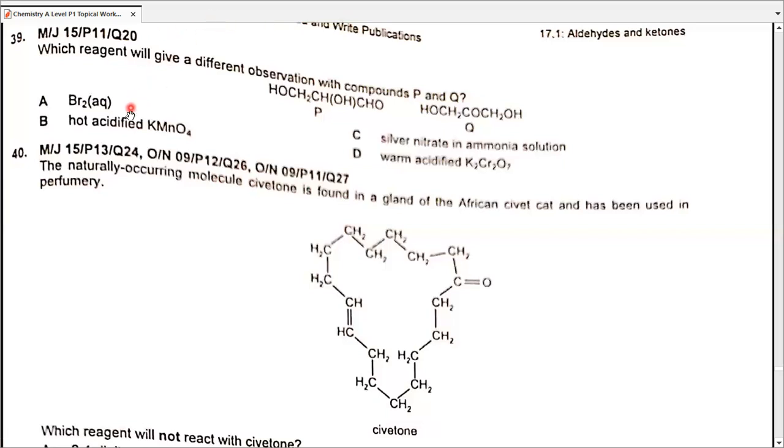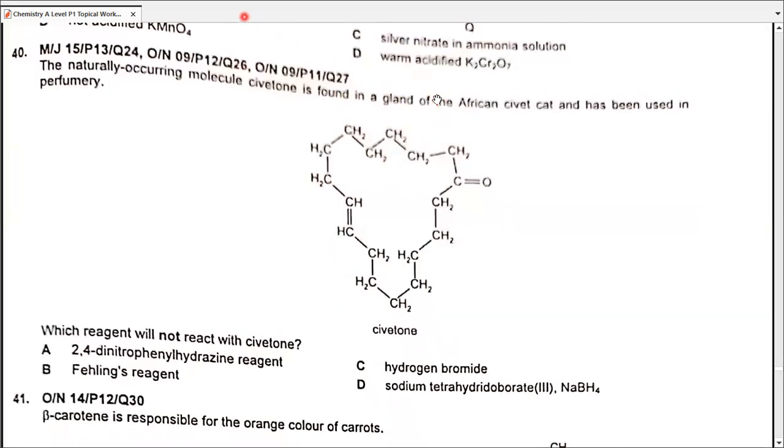Perfect. Because the bromine water and the oxidizing agents will all get decolorized or change colors. K2Cr2O7 doesn't exactly get decolorized. It's only C which is going to give a different one, because Tollens' reagent will give positive with CHO and not with CO. So moving on, 40.